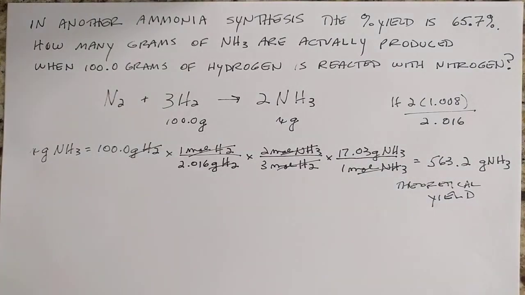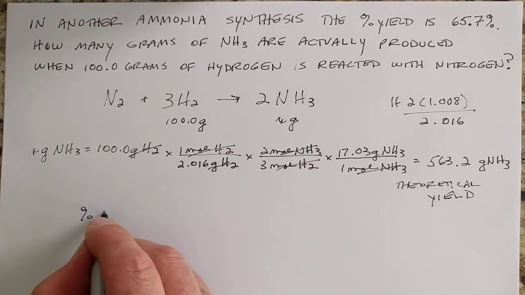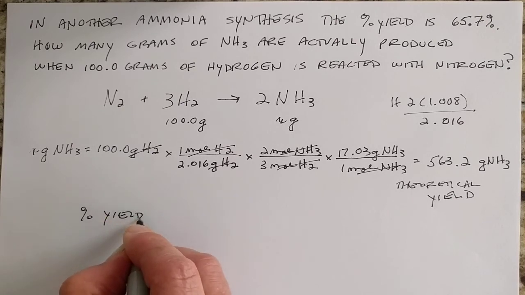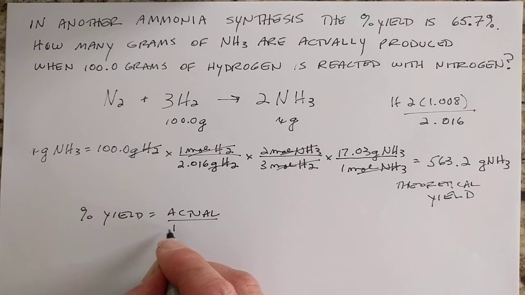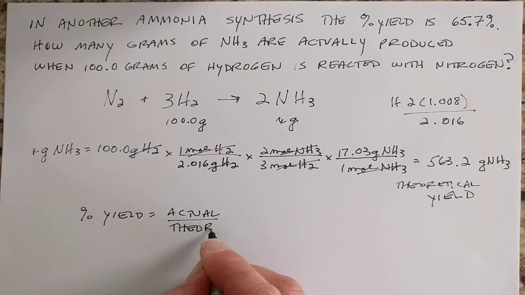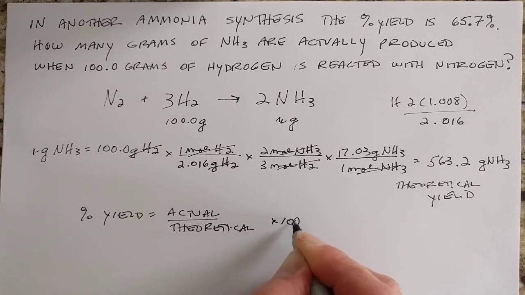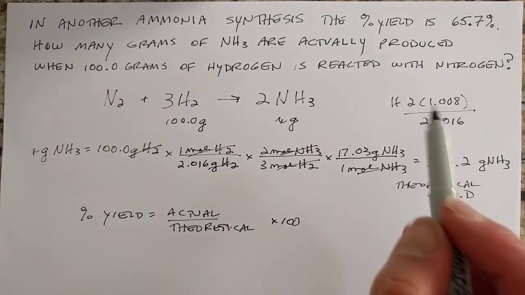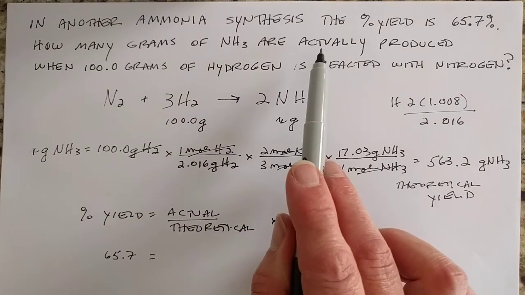All right, so now we're going to use our percent yield formula. So our percent yield is, we know it's the actual over the theoretical times 100 for the product. So we're given our percent yield this time. So we have 65.7 equals our actual yield.